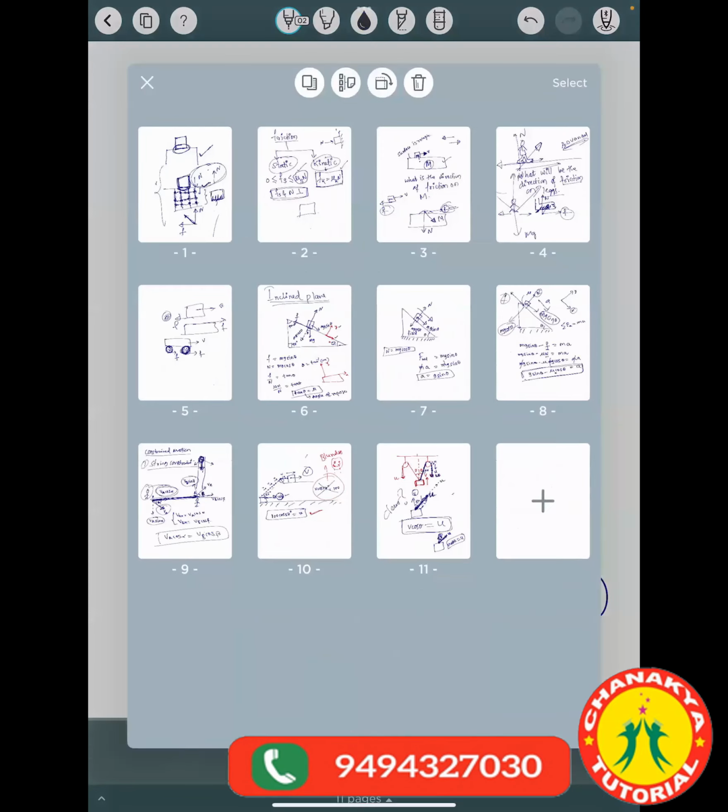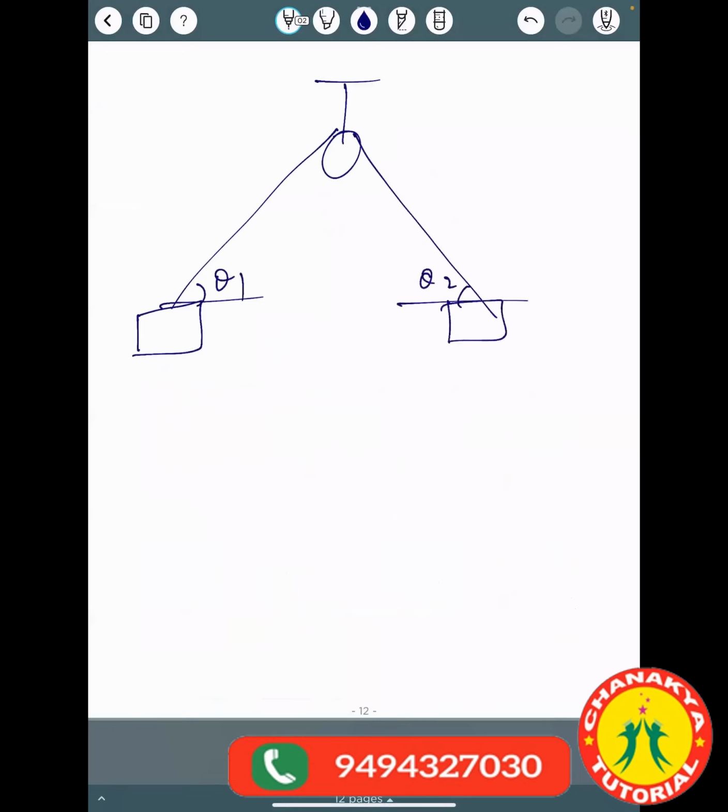Now you guys tell me this. Let's say there is one pulley and you have tied two blocks like this. This angle is theta 1 and this angle is theta 2. This is V1, this is V2. Now tell me the relation between V1 and V2. This point is in touch with the block, right?